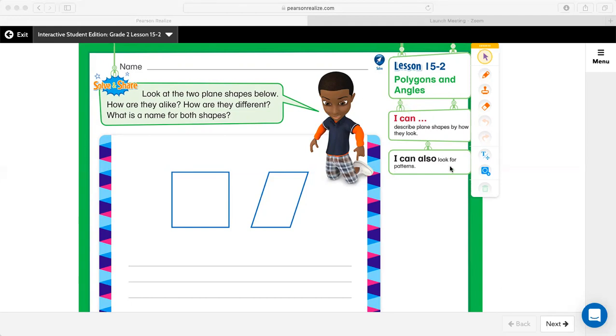Then she says that shape 2 has sides that are different lengths, right? The sides look to be the same length and the top and the bottom look to be the same length, but it doesn't quite look like a normal rectangle. So she's not really sure what the name of this shape would be. This number 2 shape would be a perfect example of a polygon.